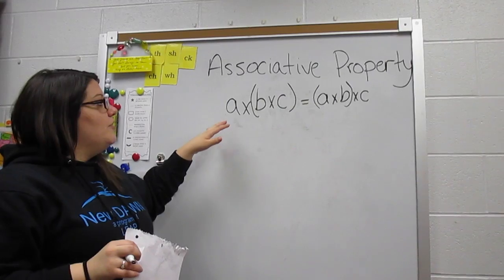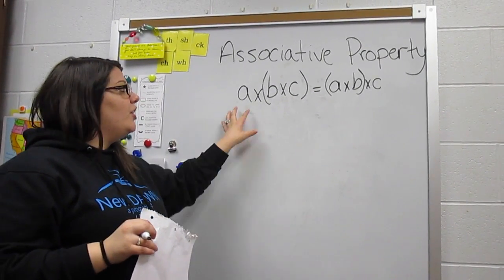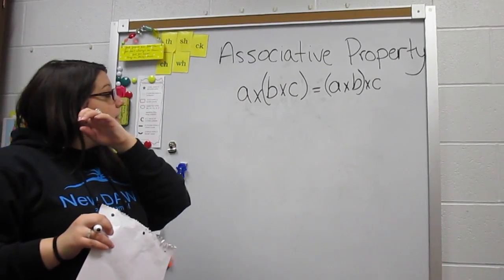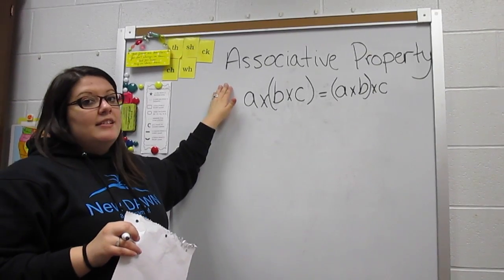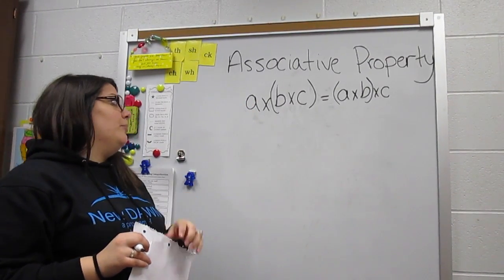And as you can see too, like before we had A times B equals B times A, we switched them. Here, nothing is switched, it's in the same order, ABC, ABC. The only thing that's different is they group them differently. So this property says that you can group them however you want and you should still be able to get the same answer in multiplication.